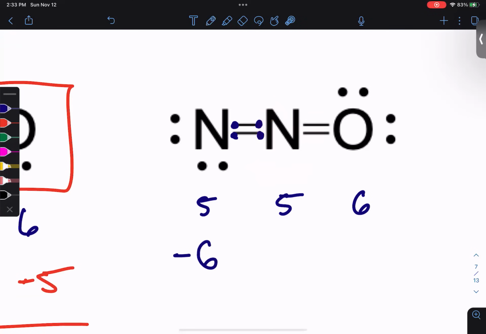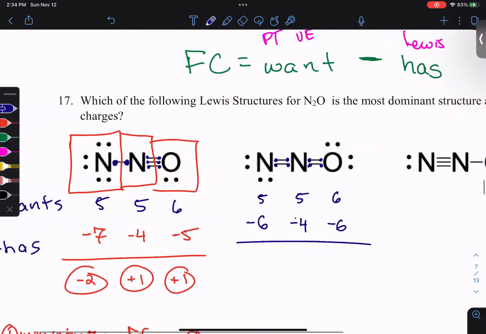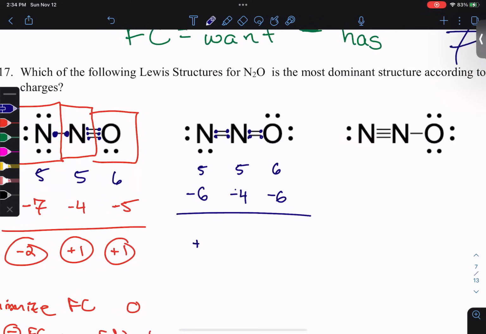How about the middle nitrogen? 4. And then the last oxygen? 6, yes, so there's 6. All right, and so you add those up, and so you get +1, no, -1, +1, 0.